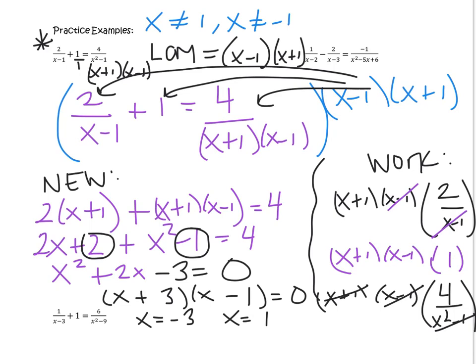So I did get a 1, so this one is not valid. The only solution that I can accept and use is negative 3. So I would say the 1 is an extraneous solution and the negative 3 is a valid solution.